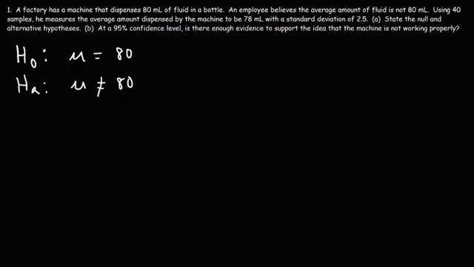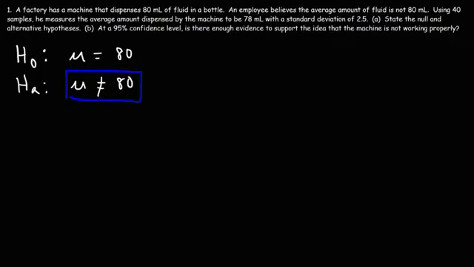Now part B, at a 95% confidence level, is there enough evidence to support the idea that the machine is not working properly? What would you say? Well, first we need to determine what type of test we're going to do. Is this a one-tailed test or a two-tailed test? The fact that the alternative hypothesis does not equal 80 means it could be more than 80 or less than 80.